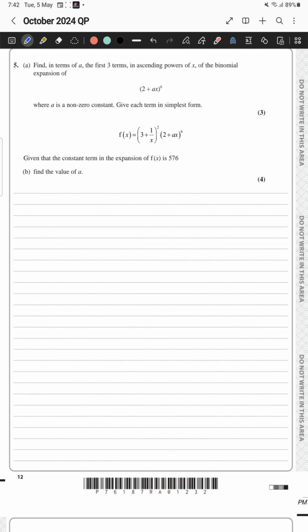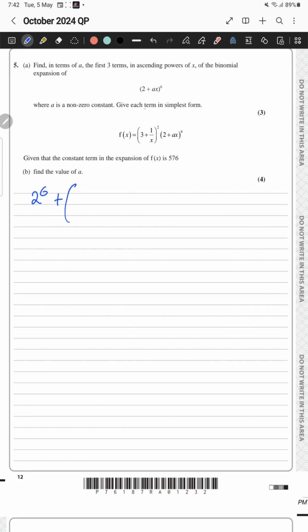Find in terms of a the first three terms in ascending power of x, the binomial expansion of (2 plus ax) to the power of 6. So this is going to be 2 to the power of 6.